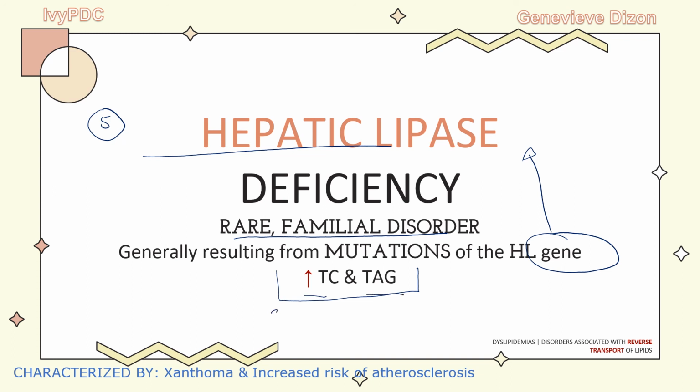Total cholesterol results are usually between 250 to 1,500 milligrams per deciliter, while triglyceride levels are often 400 to 8,000 milligrams per deciliter. HDL, on the other hand, may be normal or increased. In HL deficiency, the HDL and the LDL are usually described as having large particles with triglycerides.